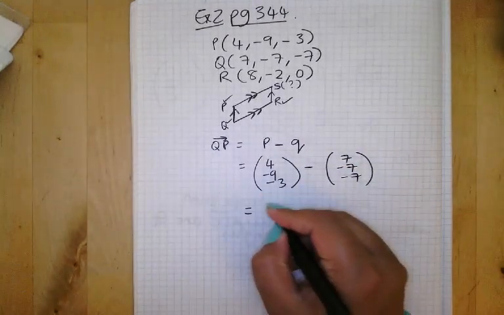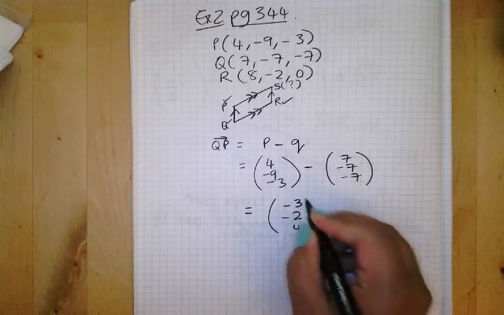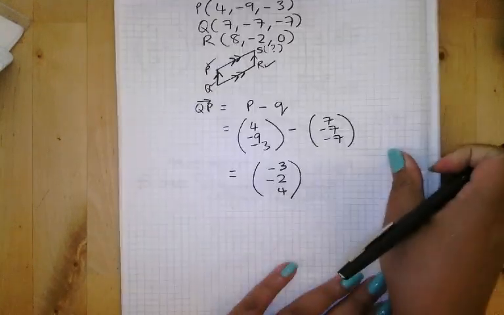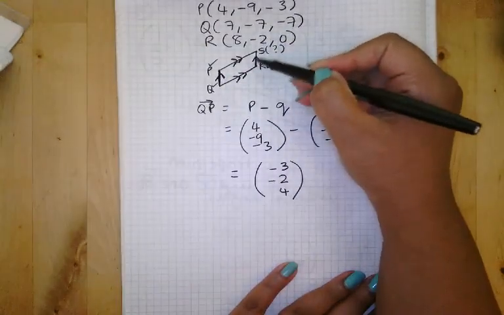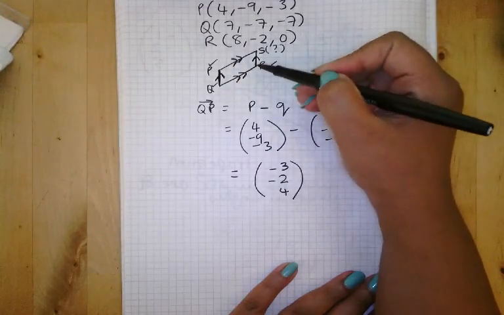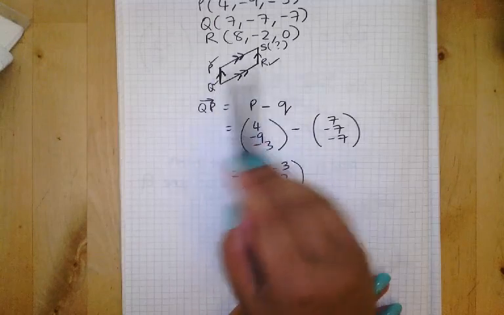So this gives me -3, -2 and 4. So this vector QP and the vector RS, they are both parallel, which means they should be equal to each other.